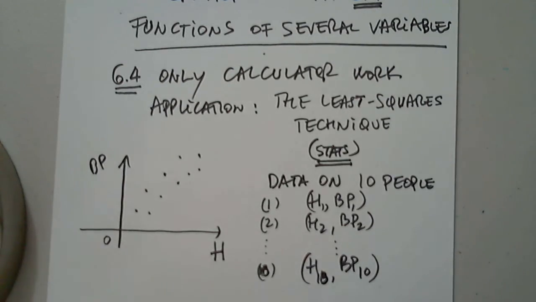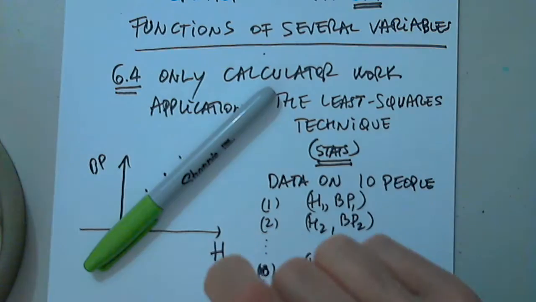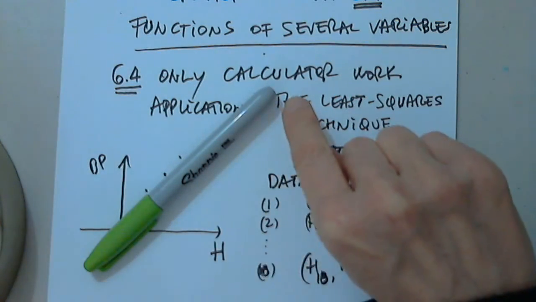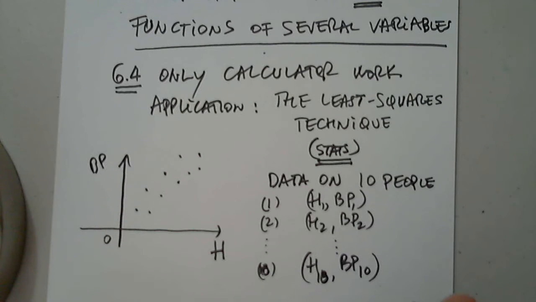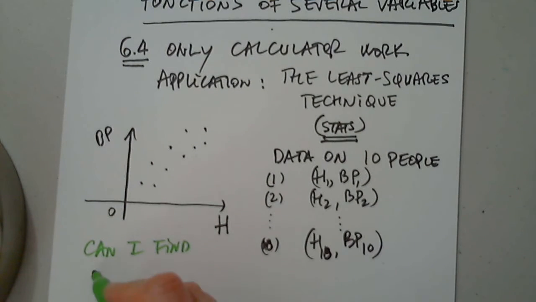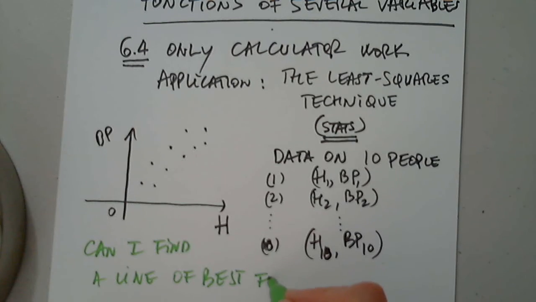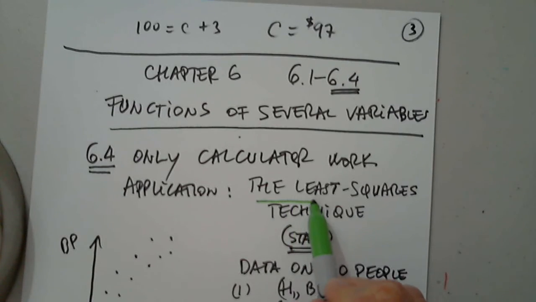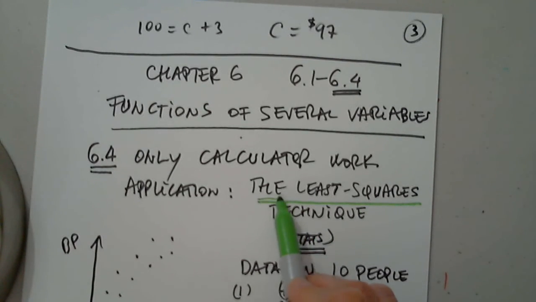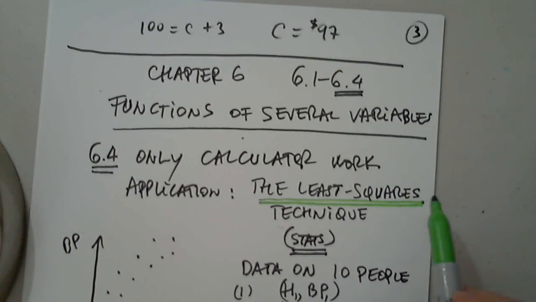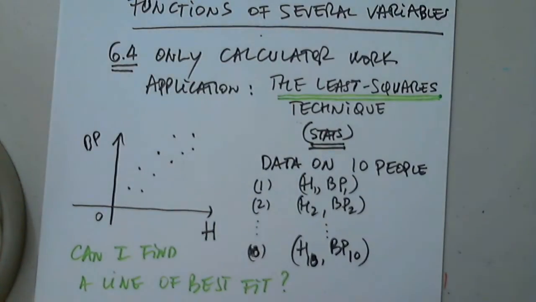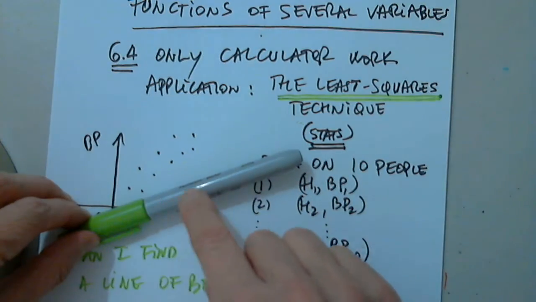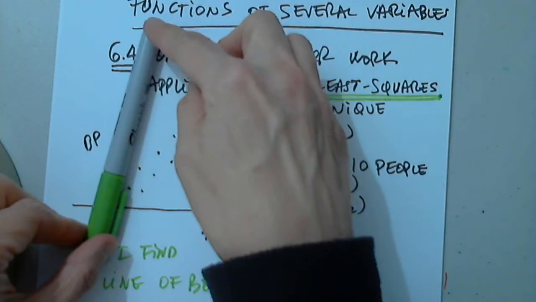Because it has this shape of a line, can I find a line of best fit, or even better, the line with the least squares, least error? Obviously the line will not be this, it would not be this.